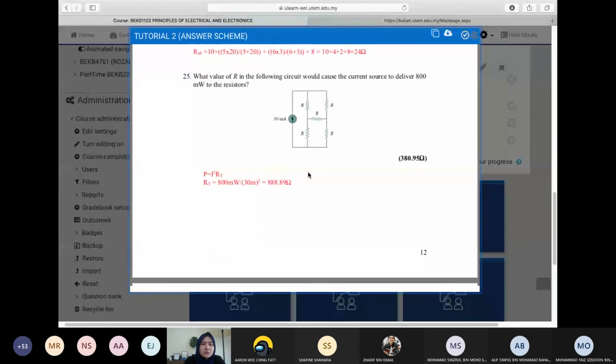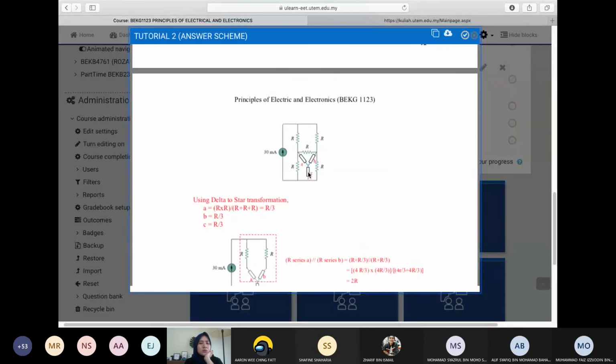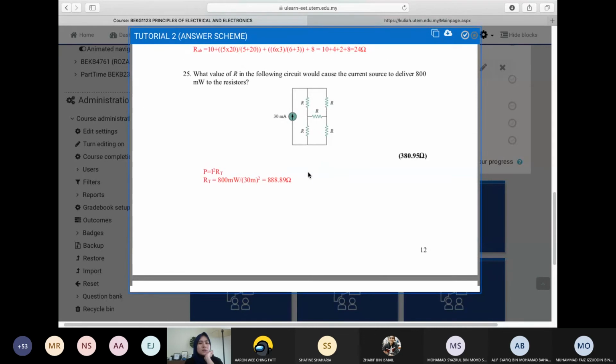Okay. So question number 25 asks what value of R in the following circuit would cause the current source to deliver 800 milliwatt to the resistor. Basically this one is a reverse analysis.